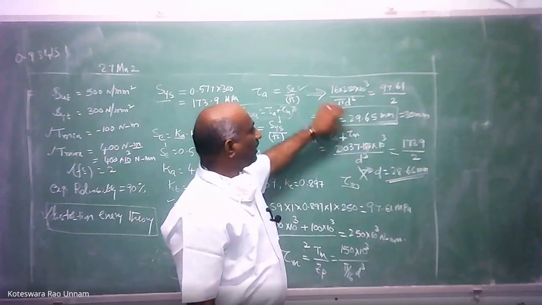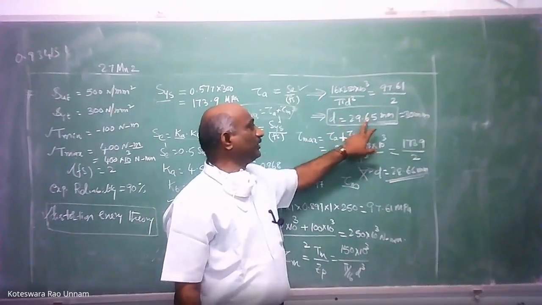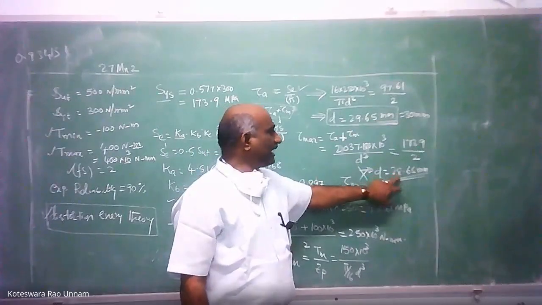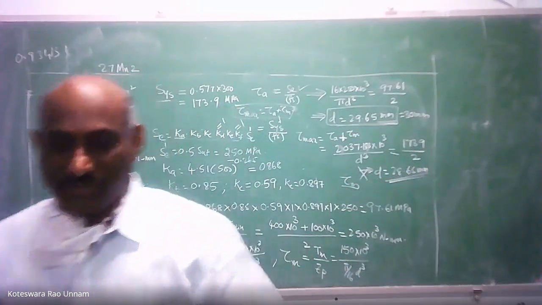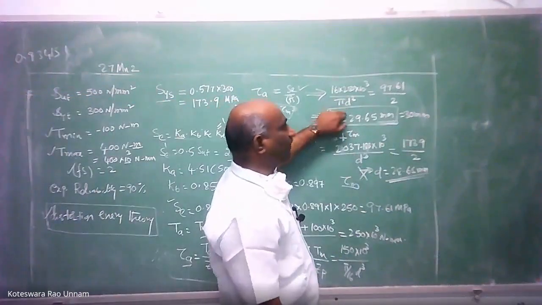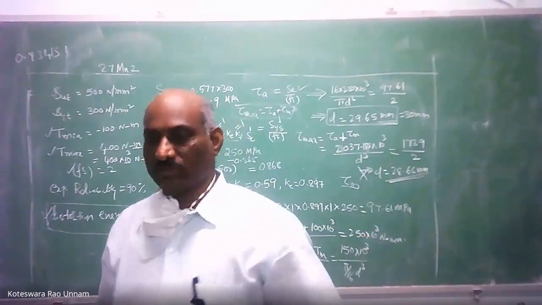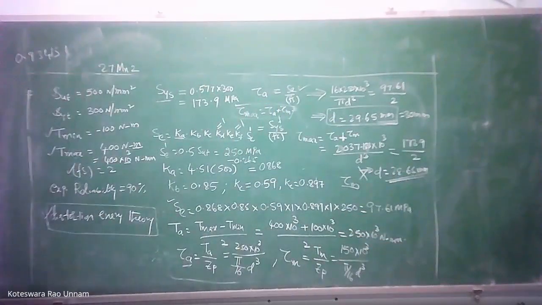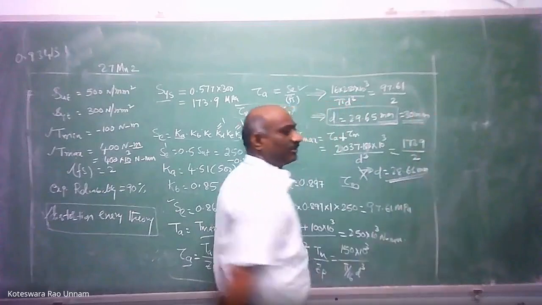Because to avoid the fatigue failure, the diameter should be at least 29.65. If I take it as 28.65, the shaft will fail by fatigue. So to avoid both static failure as well as fatigue failure, I need to choose the largest value of those two, which is 29.65 mm, or approximately 30 mm. So that is the answer for the problem.